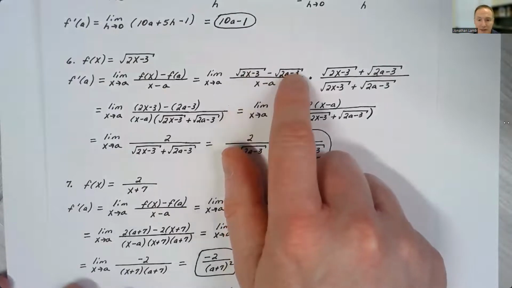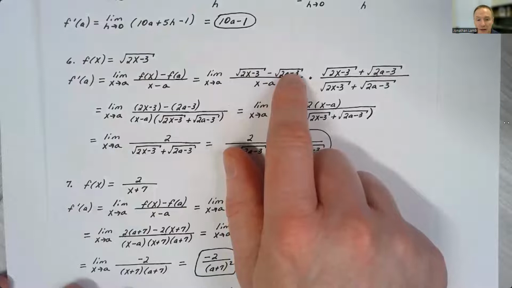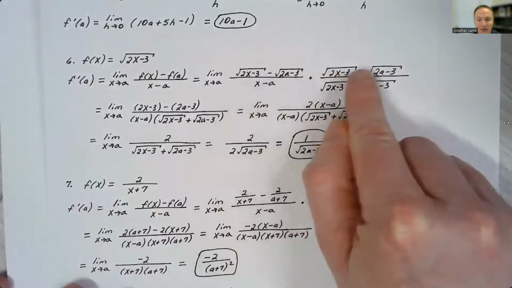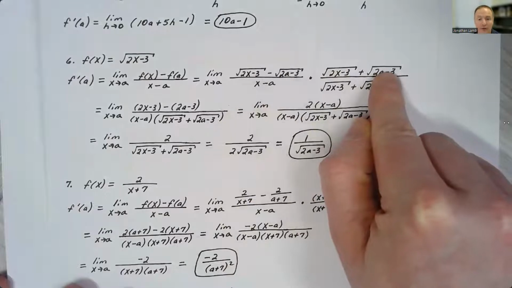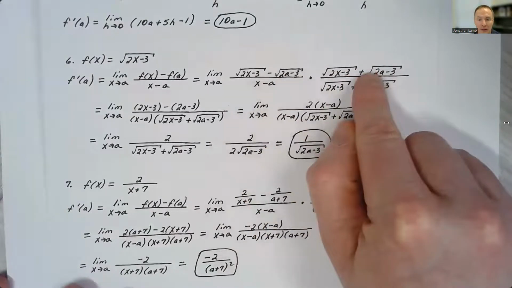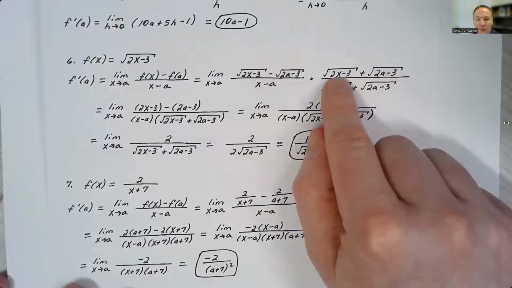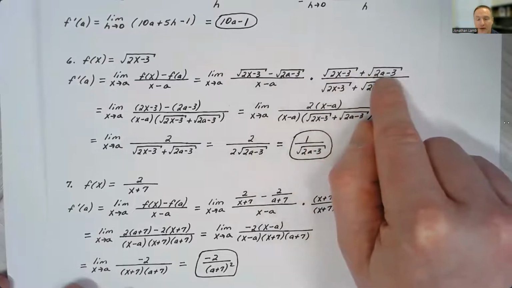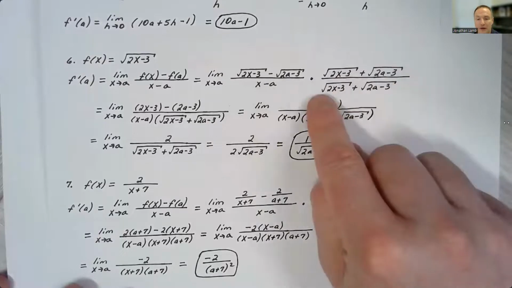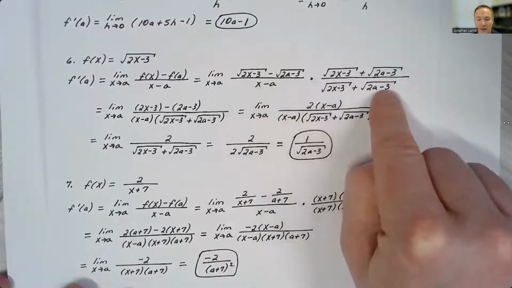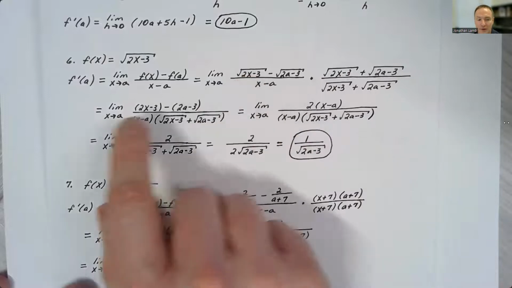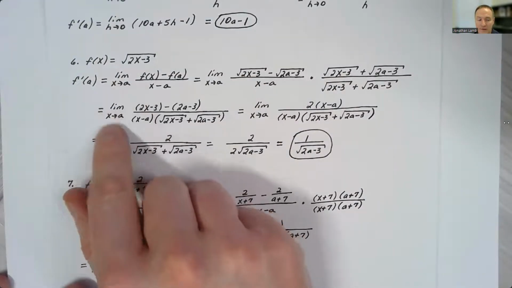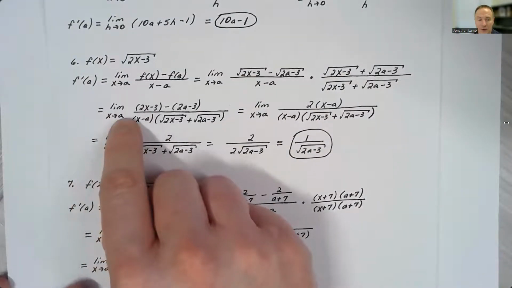As soon as I see 2 square roots up there, you should be thinking of, well, multiply by the root conjugate, which is the exact two same square roots with the opposite sign in between. So I multiply by the root of 2x minus 3 plus the root of 2a minus 3. And I must do that in the numerator and the denominator. Now, from this step to the next, please keep in mind, all of this is still inside of a limit as x approaches a.